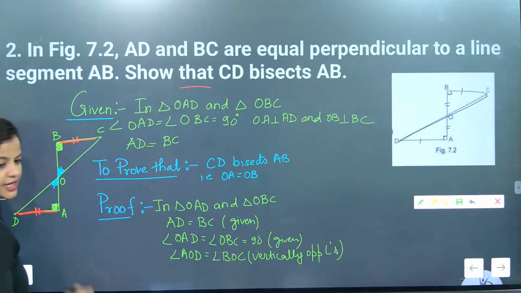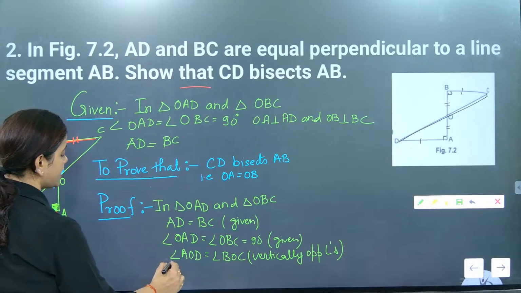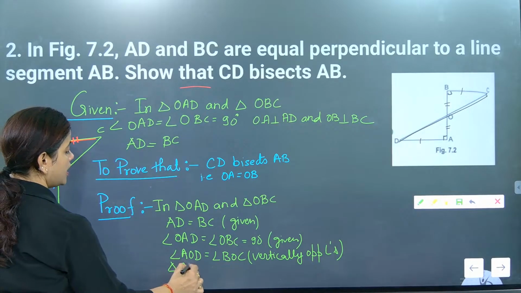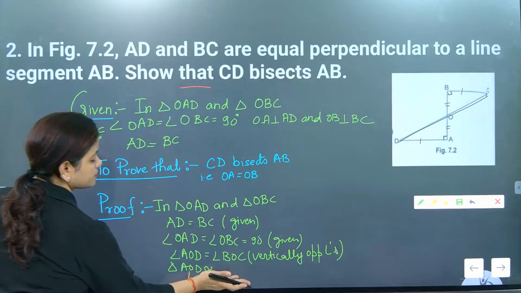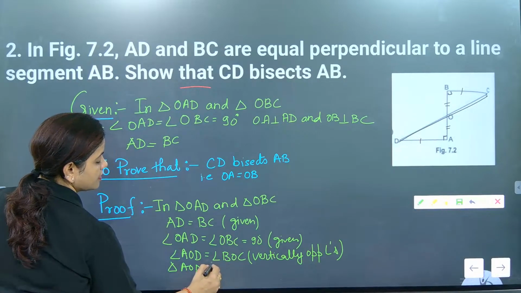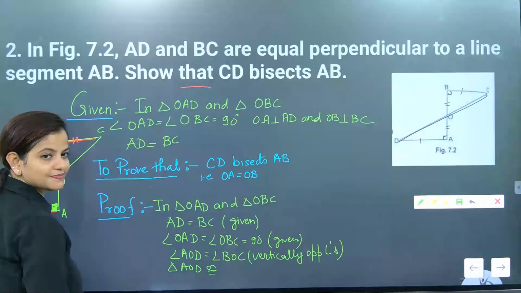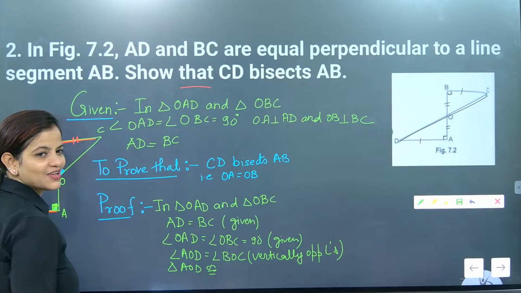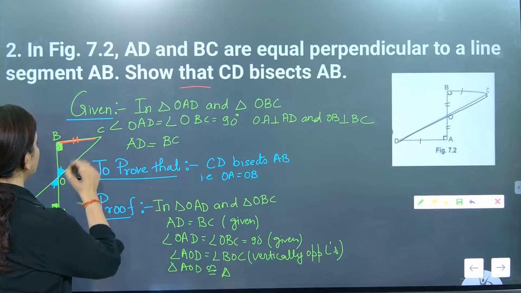Once we write it as vertically opposite angles, we can say triangle AOD is congruent to triangle BOC.